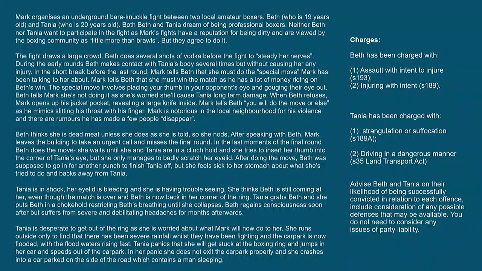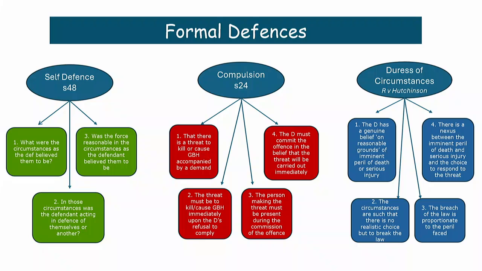Is there a demand? Because remember, compulsion inherently requires a demand. Yeah, he said he will do the move well. Okay, so we've got a threat to either kill or GBH accompanied by a demand. So we meet that first element. Second element is immediacy. Do we think that immediacy is satisfied?